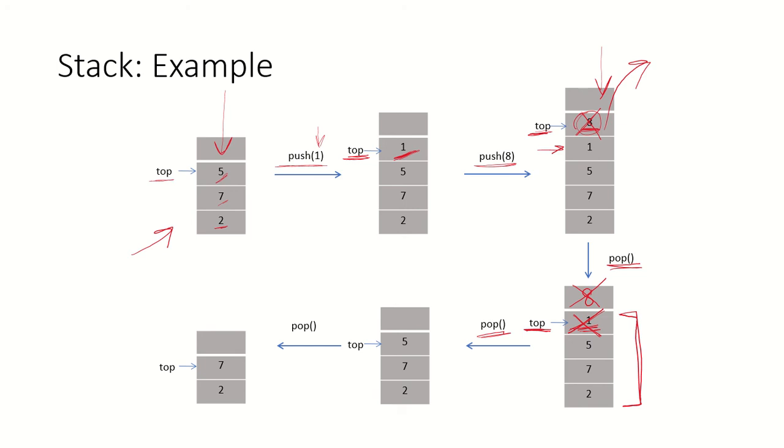As always, it follows the LIFO principle, the last in first out. So 1 would be popped out, and now top will point to the element at the top, which is 5. Another pop operation would result in 5 being taken out of the active stack and top now pointing to 7.